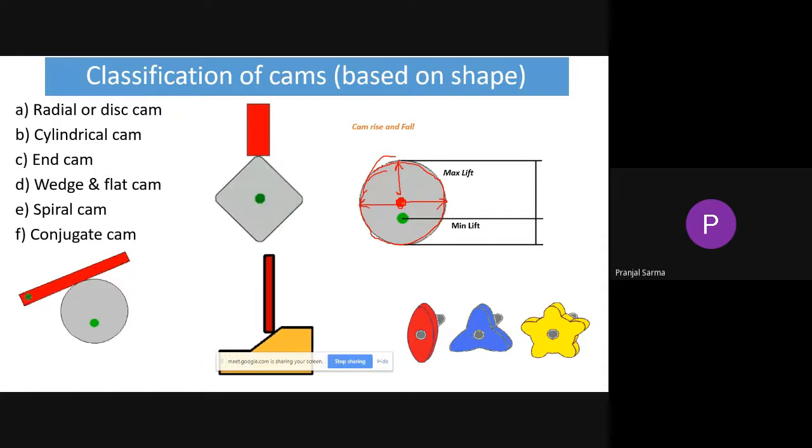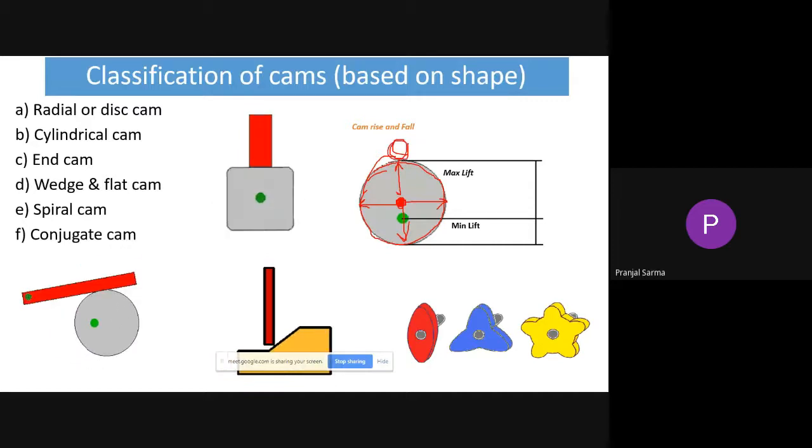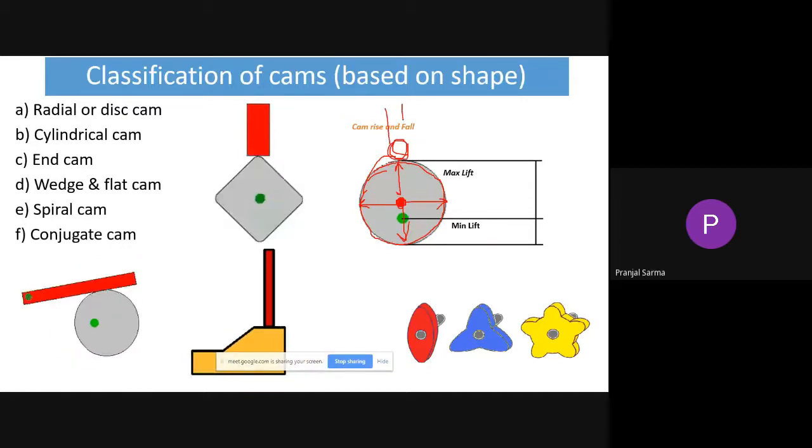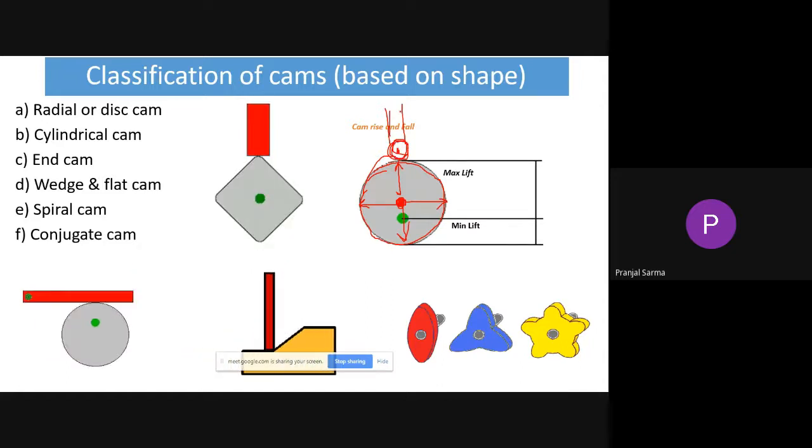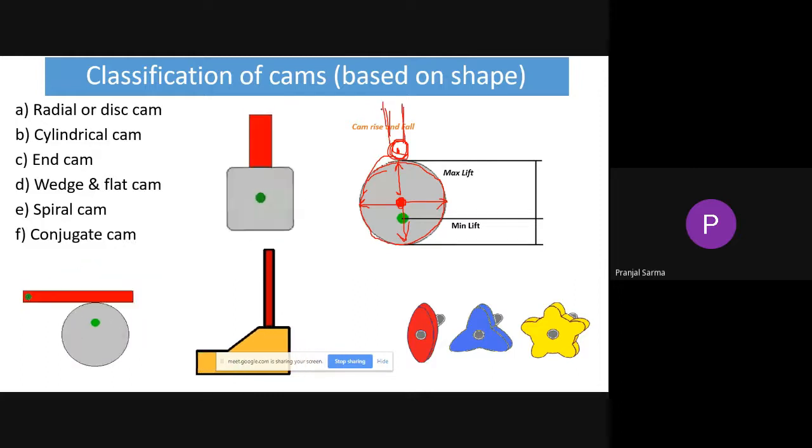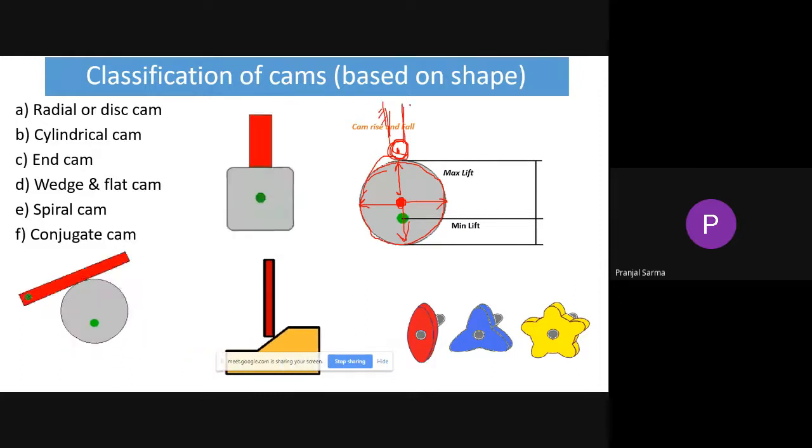So the follower will remain stationary in this position itself. If this is the follower position, let's consider we have this follower. This is the roller follower. As you can see, one roller is attached at the end point of the follower, which is in contact with the cam. So this kind of follower is known as a roller follower.